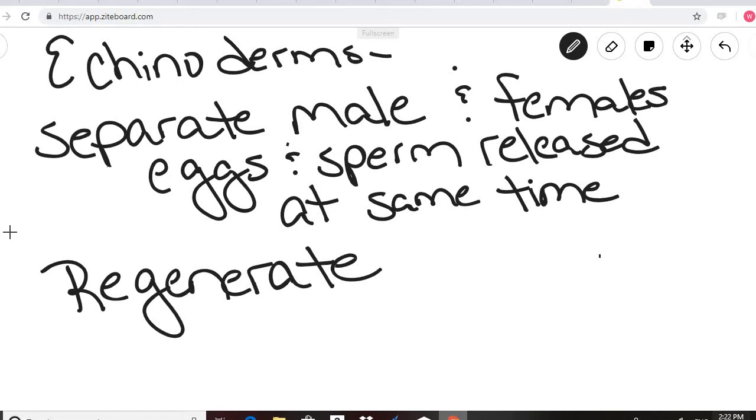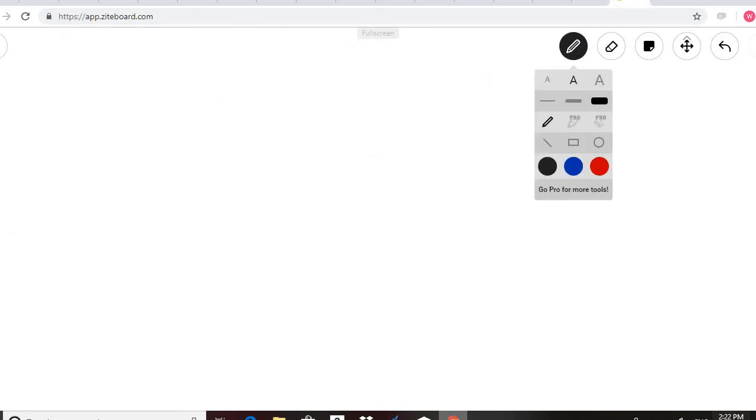I think your book talks about how early clam fishermen, when the starfish were eating their clams, were cutting the things in half, thinking they were killing them, when in fact they were just helping them to reproduce, because they would just regenerate. So we know that one means of reproduction for the echinoderms is through regeneration.